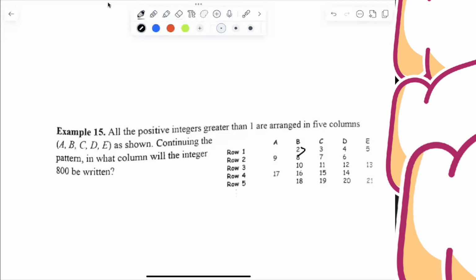if it's the first, fourth, fifth. Let's try to see a pattern here. Every row has two integers, so we're gonna try to split the rows, and then we can get there's two even integers in each row.